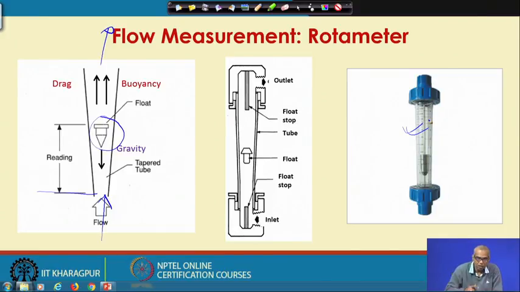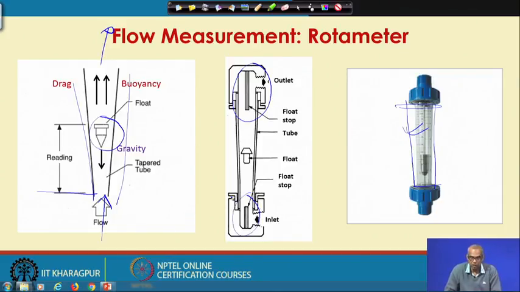You also see that the rotameter tube is tapered. It is always this side will have higher diameter or dimension than this side. So, here you can also see that there are two float stops at the inlet and at the outlet.